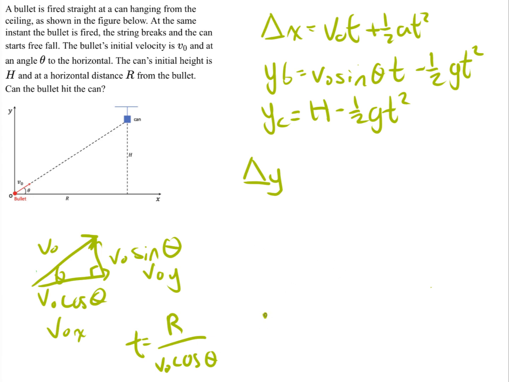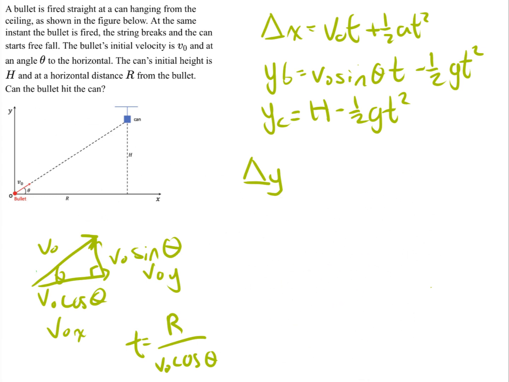So now think about it like this. If you fire the bullet, it's going to go on a parabolic trajectory, and the can will be falling as well. This change in y is simply the difference between their y positions. So it is basically the difference between the y positions of the two falling objects.